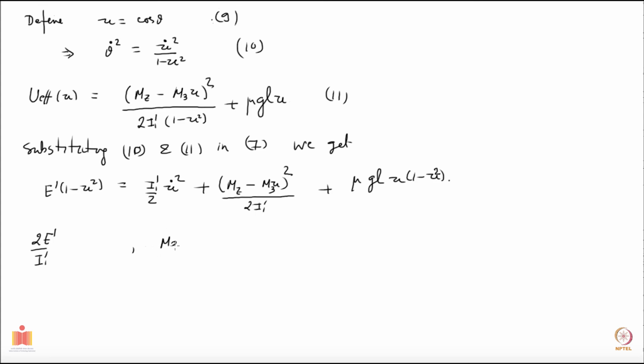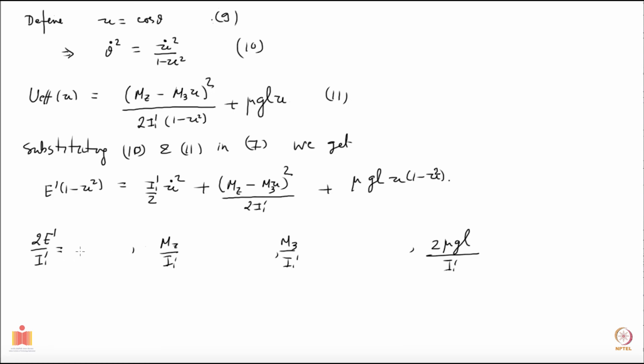So first let me write mz over I1 prime, then I will have m3 over I1 prime, and then the last term will have 2 in the numerator, so 2 m u g l over I1 prime. That is correct.